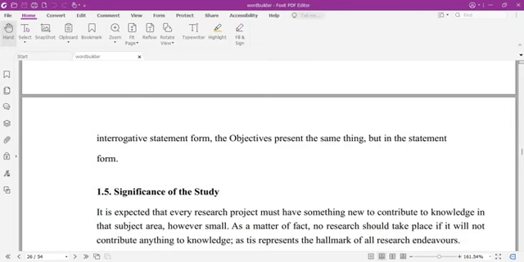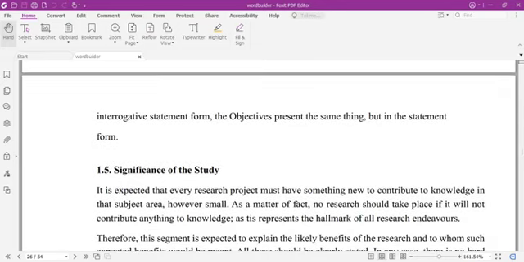Now we look at the significance of the study. Whatever study you're working on, it has a significance. Remember, we said whatever you are doing has to bring a plus to whatever is in existence already. Any research you are doing, there has to be a difference you're adding to what is on ground.